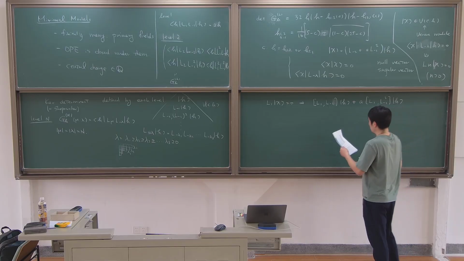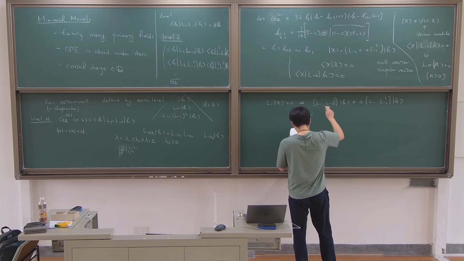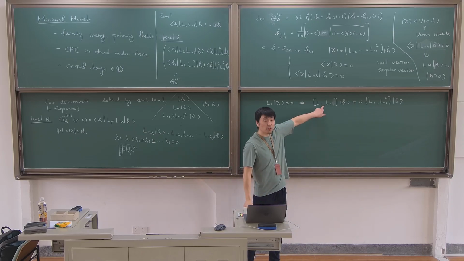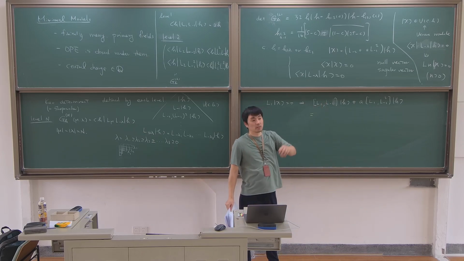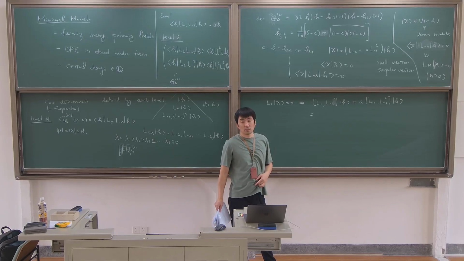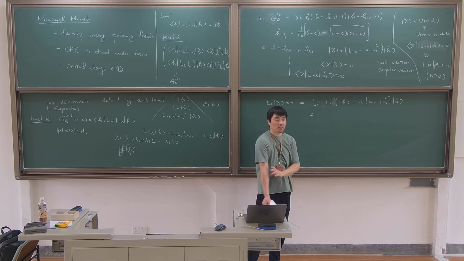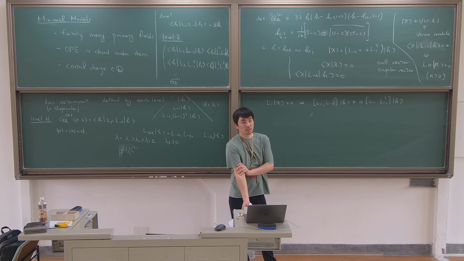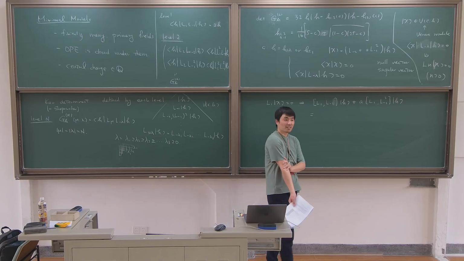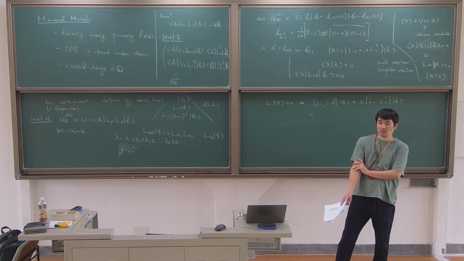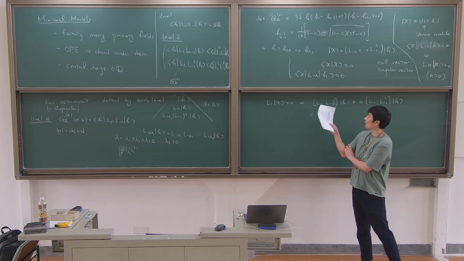And this is equal to, if you do the Virasoro algebra, what would you get from the commutation relation of L_1 and L_{-2}? Do you remember?